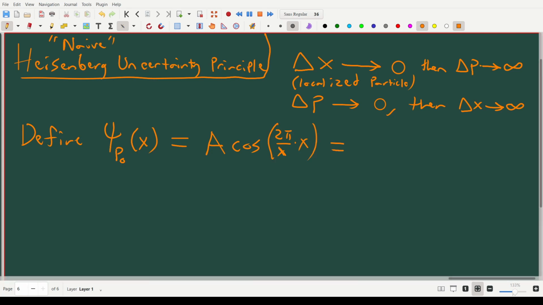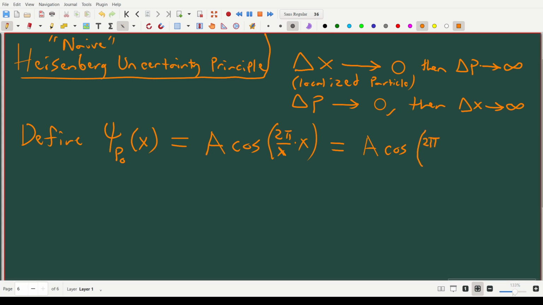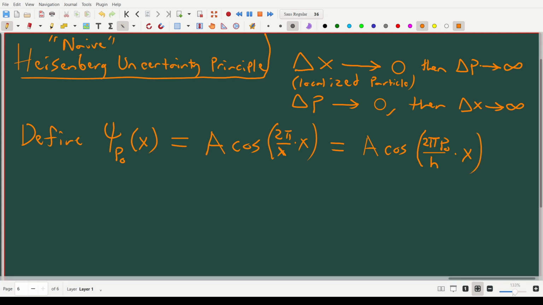And I can rewrite this, with the relationship between momentum and wavelength, as 2 pi p naught over h times x. Okay, so the wavelength, or the frequency if you will, of the wave has something to do with momentum. Okay, so the wavelength and the momentum are related to each other. All right, so this is a cosine of a fixed frequency.